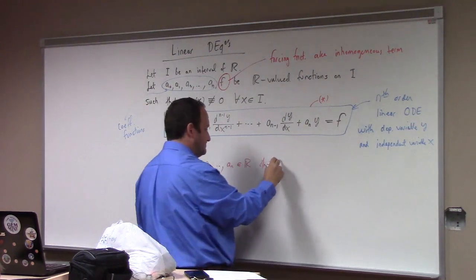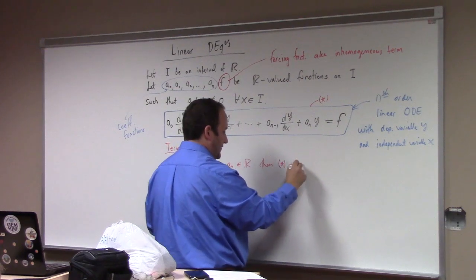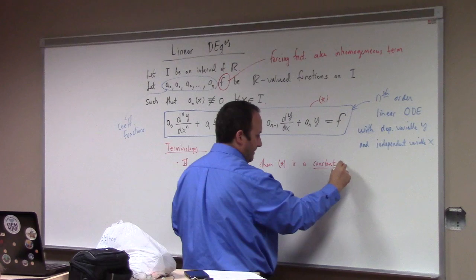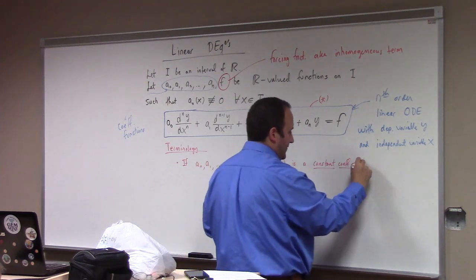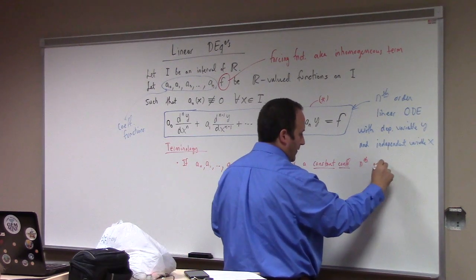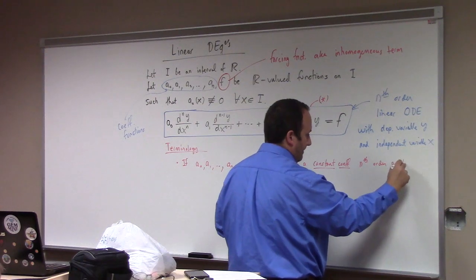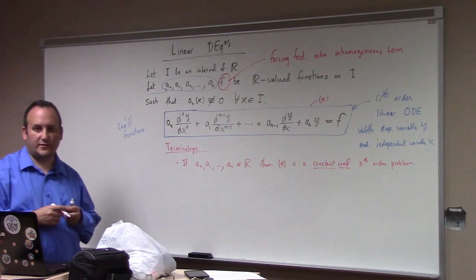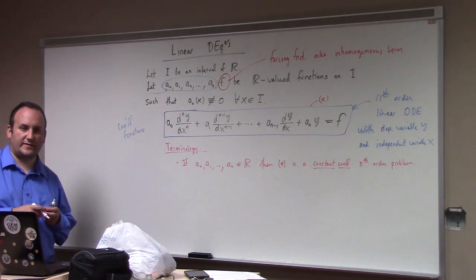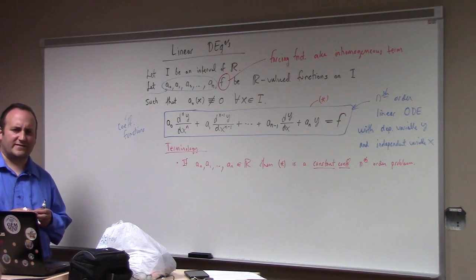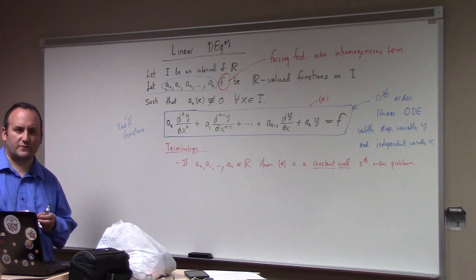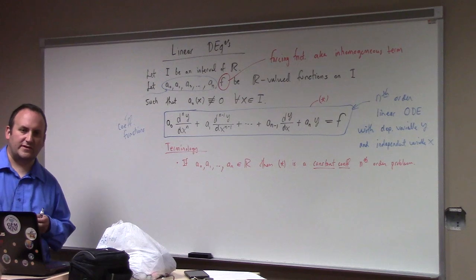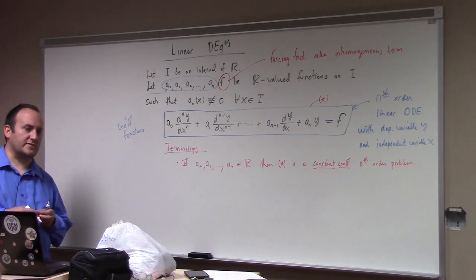Then star is a constant coefficient nth order problem. The lion's share of our efforts in the next week or two or three, I forget, for a few classes, will be working on how to solve the constant coefficient problem. All right? It's actually pretty easy. After the dust settles, it's actually pretty easy.